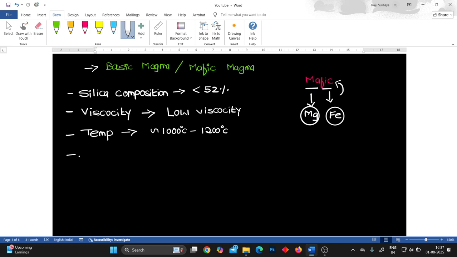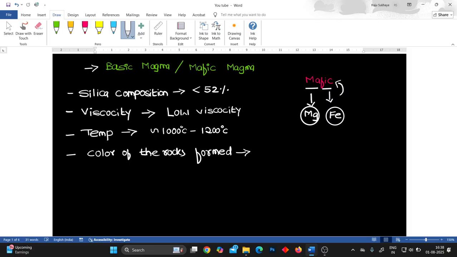So after that, the next property: color of the rocks formed when this basic magma cools. What will be the color of the rocks?